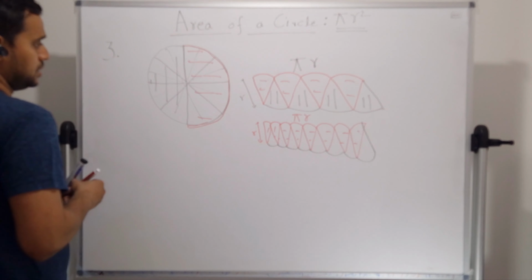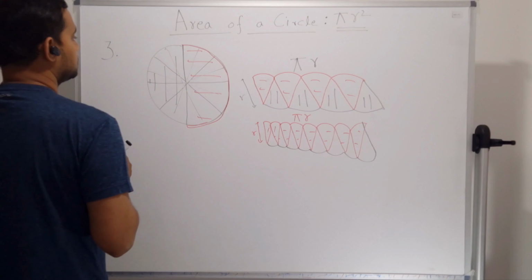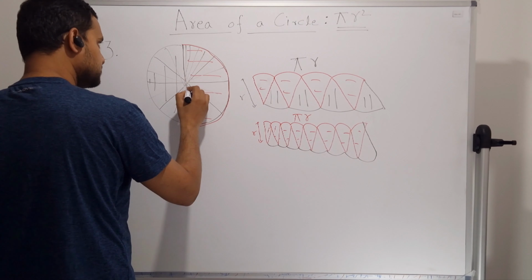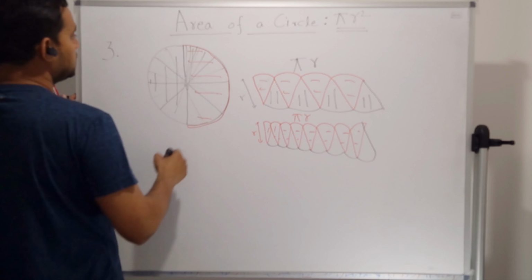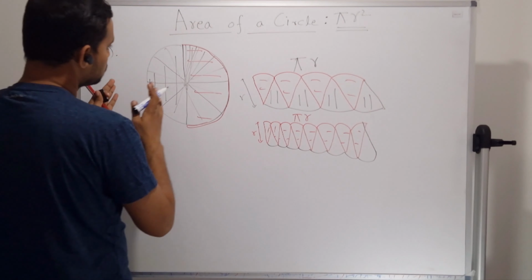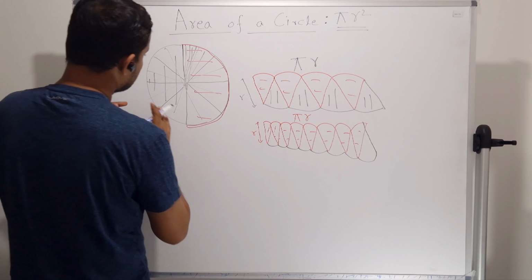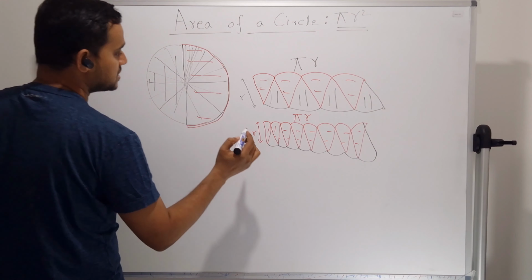Right? I could continue doing this. Divide this further, then divide these further, and further. Continue. Each slice is broken into many small pieces. What will happen if we break into, let's say, infinitely many pieces?